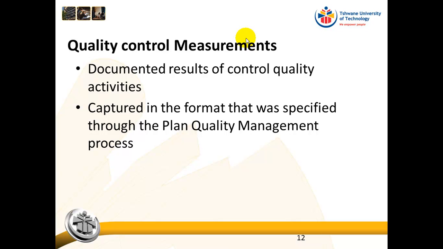And remember that it's captured in the format that was specified through the plan quality management process. So during plan quality management, you have to say how you are going to measure quality, and then those measurements are taken and documented.